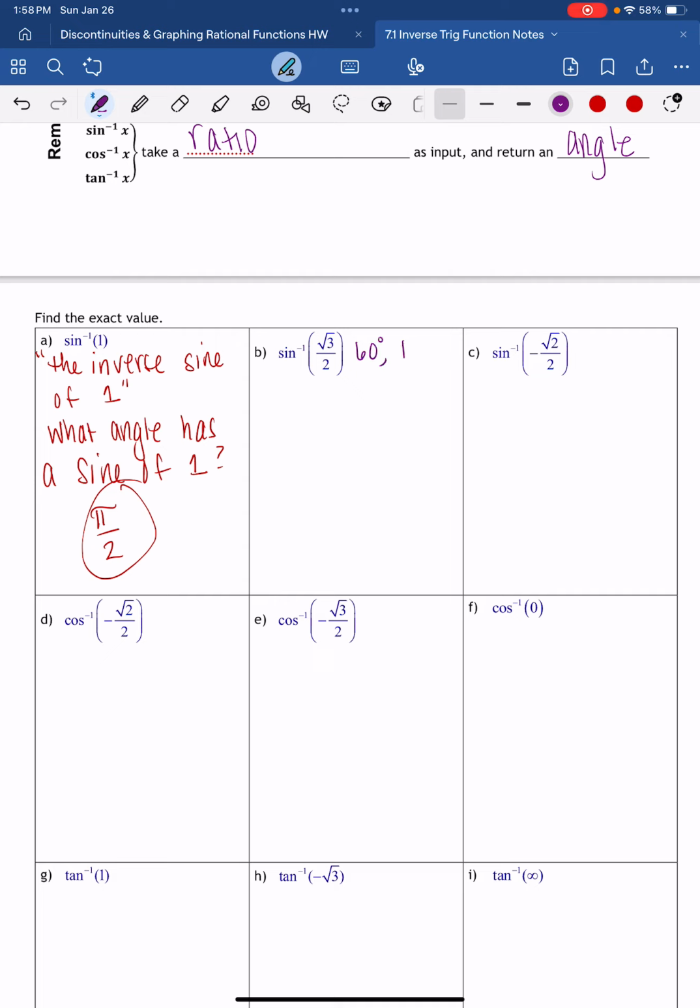So does 120 degrees, if you look at your unit circle, which is the same as pi over 3 and 2 pi over 3. It cannot be 2 pi over 3. 2 pi over 3 falls outside of the range. The answer is only pi over 3.